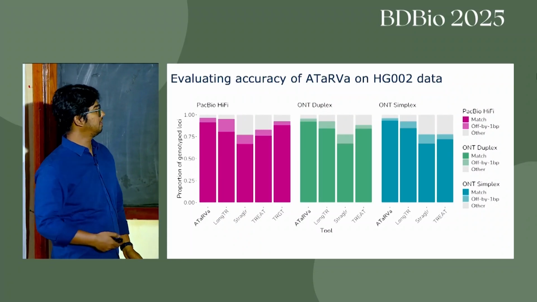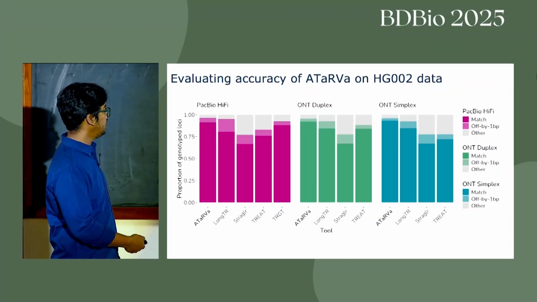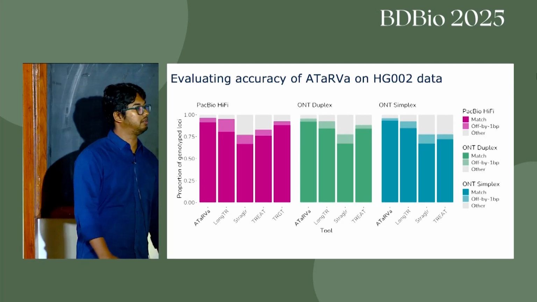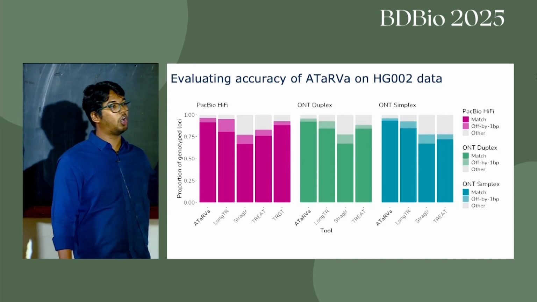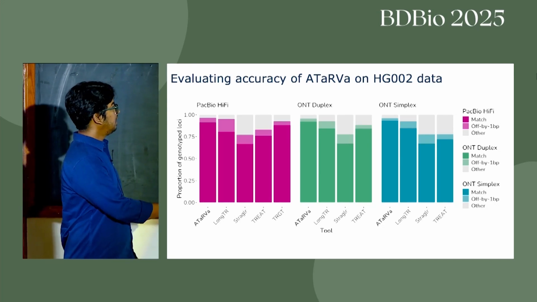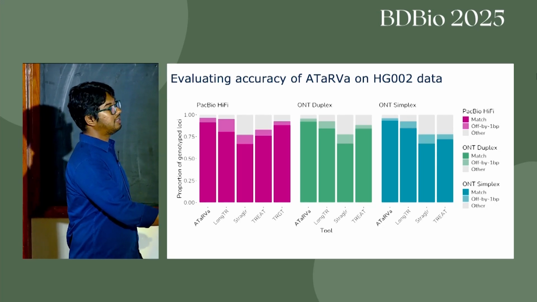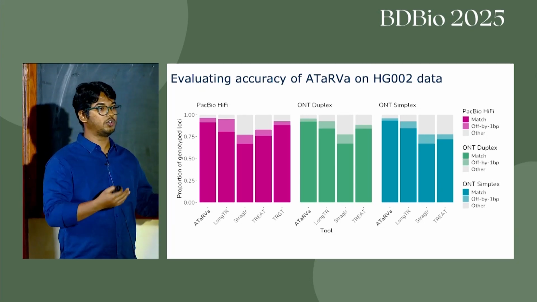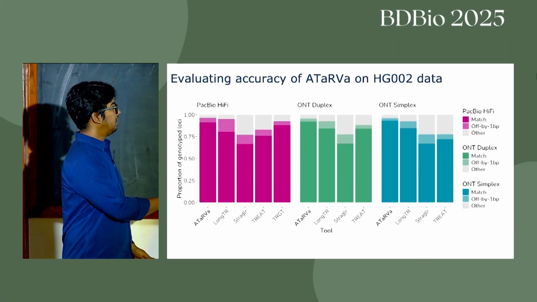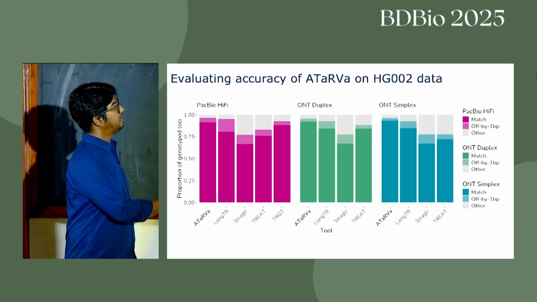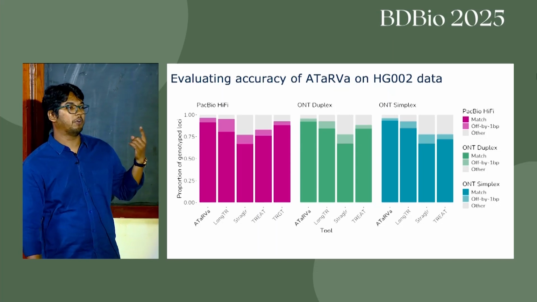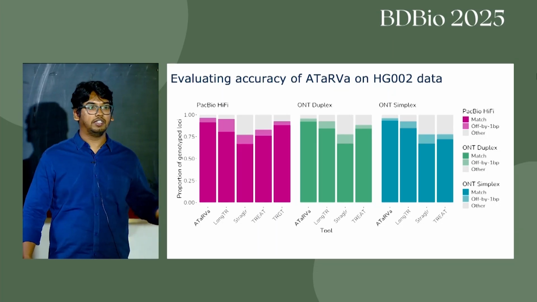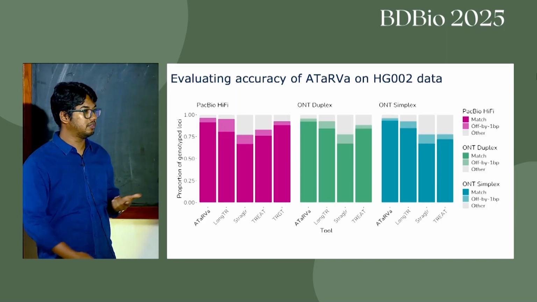So this is one of the main results, essentially. What is plotted on the y-axis is the overall, like 100% of all the genotyped loci, right? And a dark color means that the alleles match the assembly or the ground truth exactly. And the slightly lower color means that there is a mismatch of 1 base pair. So let's say if the assembly allele is 20 and we call it 19 or 21, it's off by 1 base pair, so that goes into this.